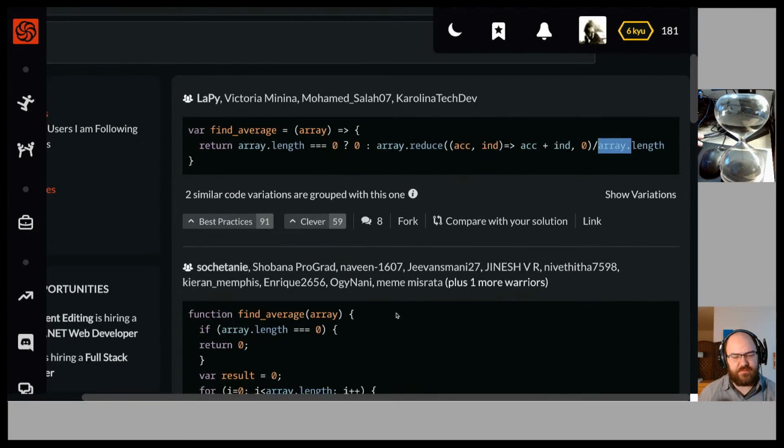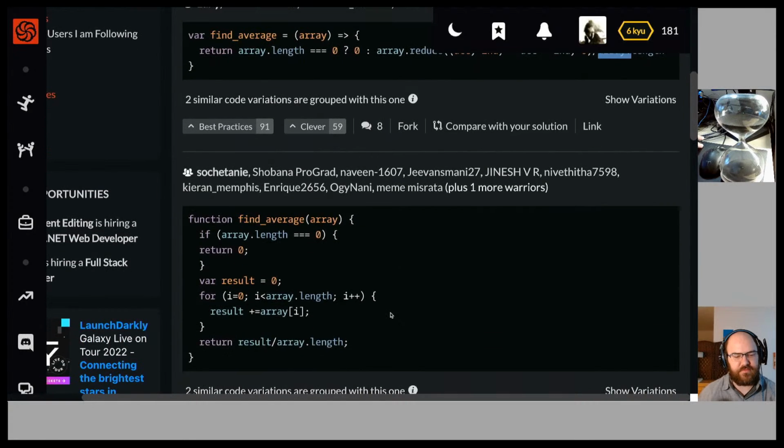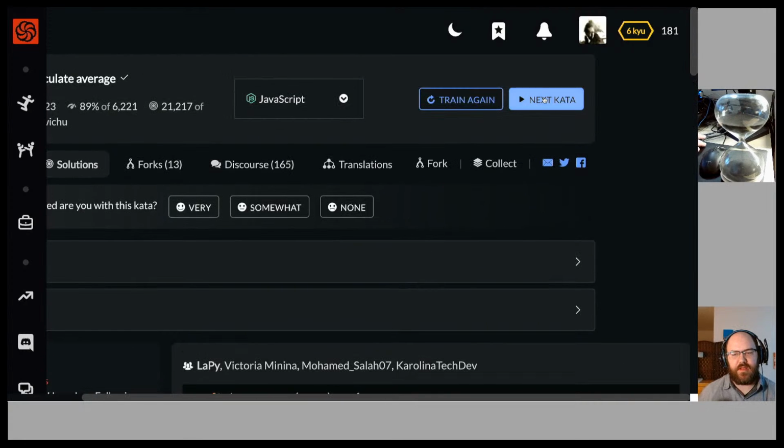So that's pretty similar there. Oh, we've got a standard for loop. Nice. All right, let's keep going.